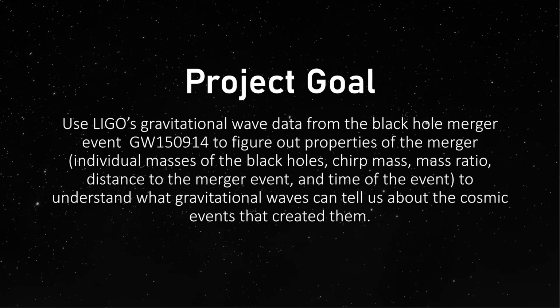The goal of this project is to essentially understand what gravitational waves can tell us about the cosmic events that created them, and also how we can use these waves to figure out the properties of those events.